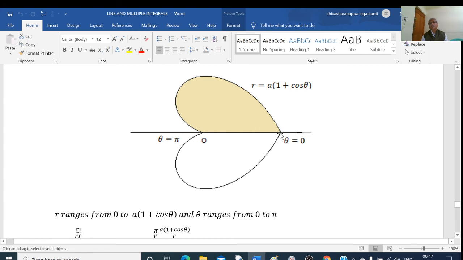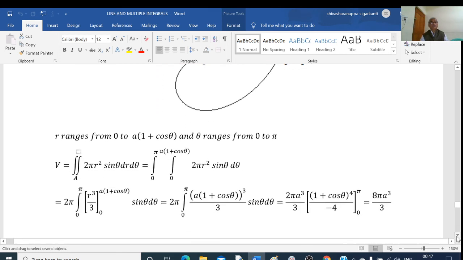At this point theta equal to 0, and at this point, coming here, theta equal to pi. Here theta is pi by 2. Theta ranges from 0 to pi, r ranges from 0 to a into 1 plus cos theta. These are the limits of r and theta.